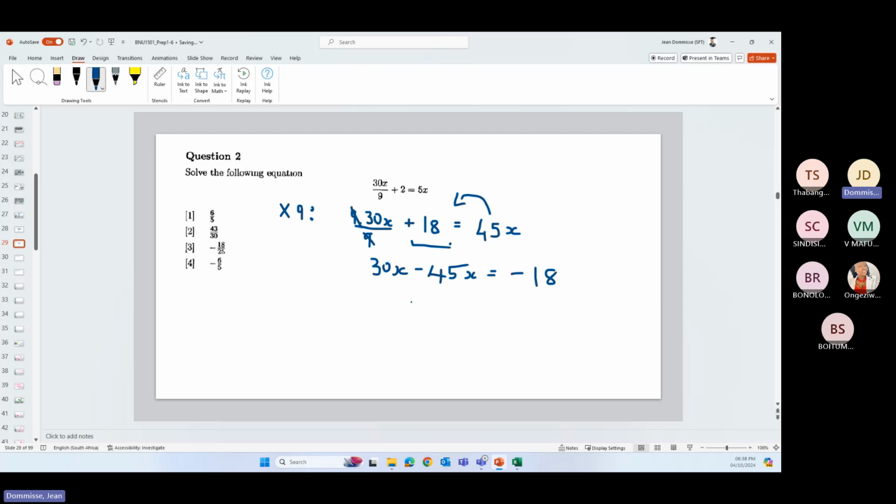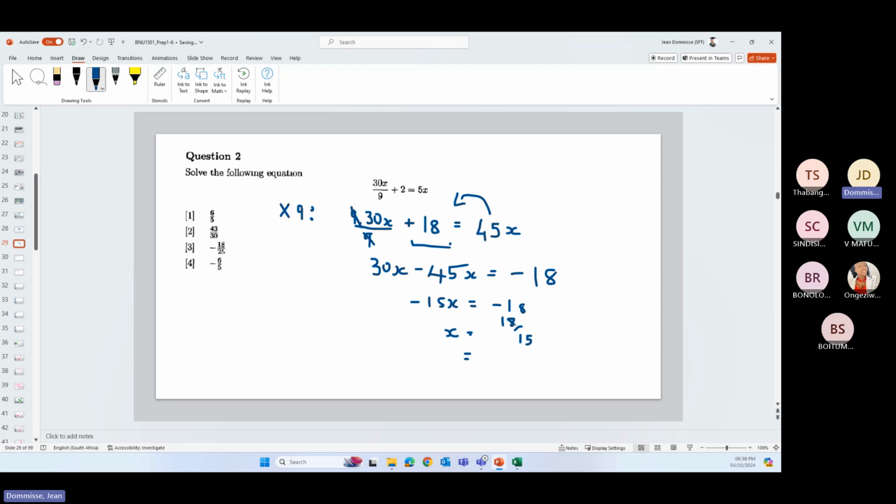So now I've got 30 minus 45 is minus 15x is equal to minus 18. And then if I divide by minus 15 on both sides, I get 18 divided by 15. And then that I can simplify a bit.